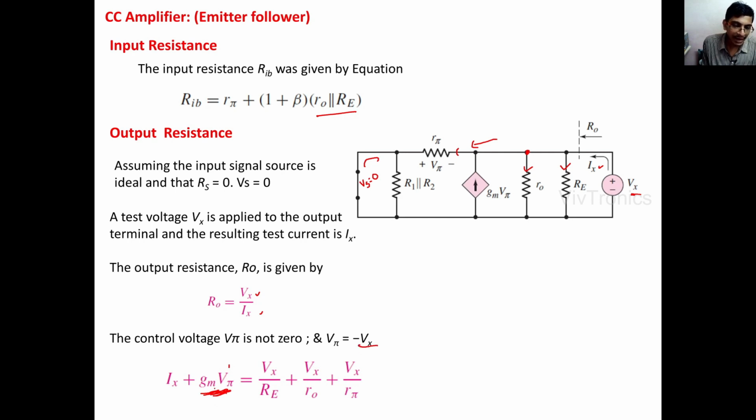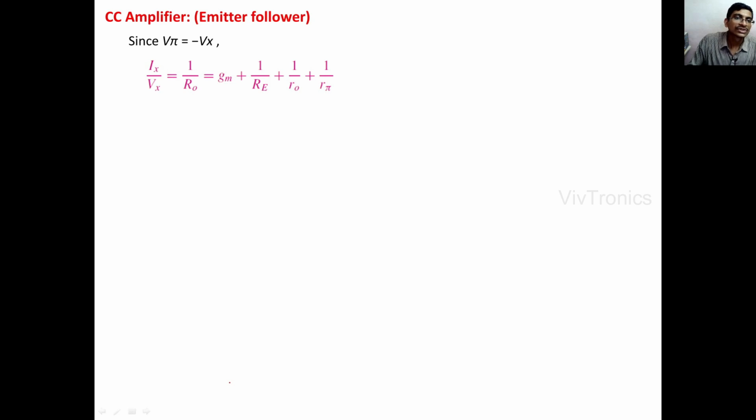Therefore we can take this minus GM Vx to the right hand side and take the Vx term as common. Thereafter the Vx is taken to the left hand side. Ix divided by Vx is the ratio, which is the reverse ratio of the output resistance, 1 by R naught. Therefore at the right hand side we have GM plus 1 by Re plus 1 by R naught plus 1 by R pi. That is the output conductance equation.